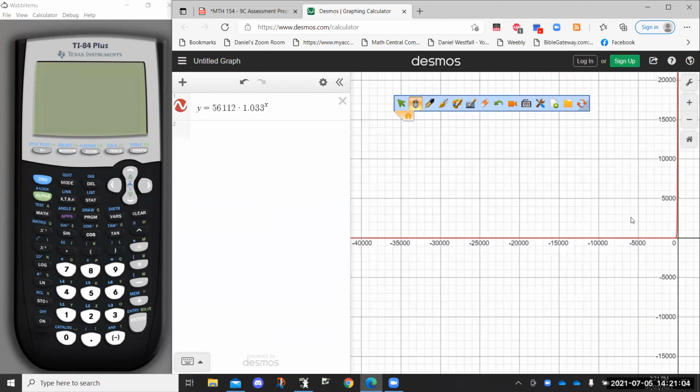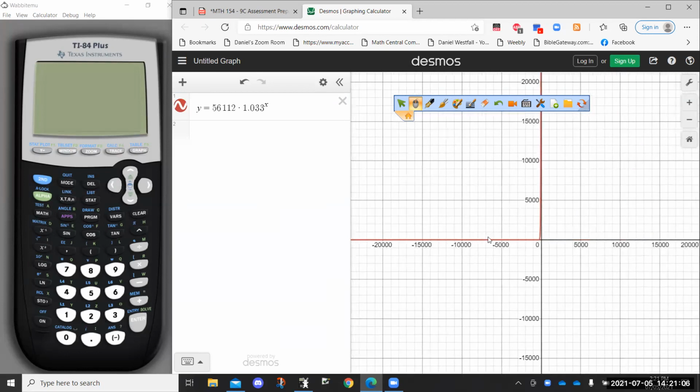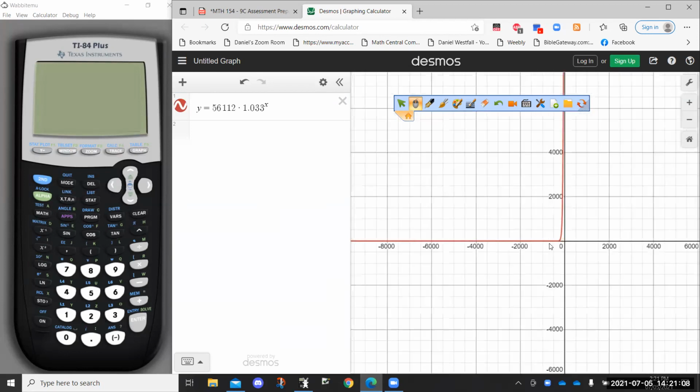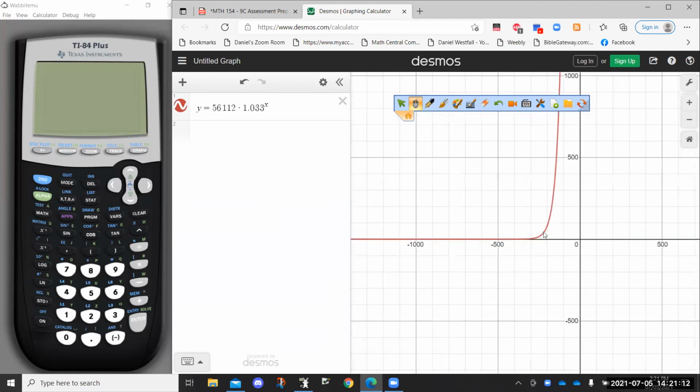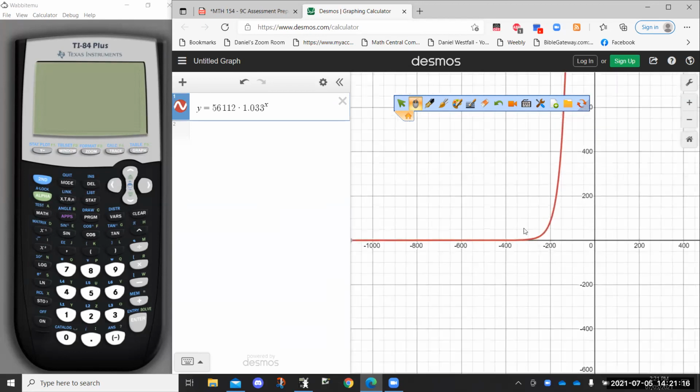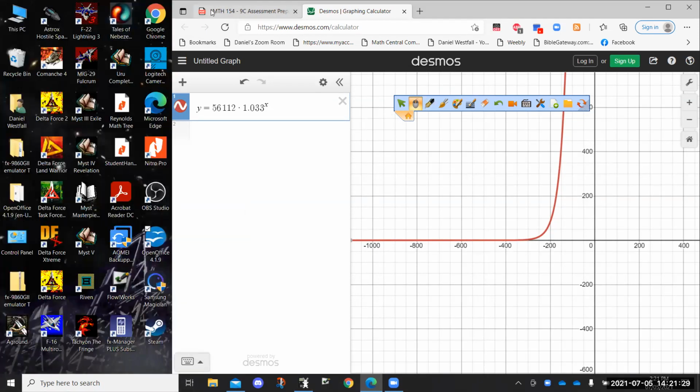And then focus in more on this point down here where it turns. You're not going to be able to find out where that turning point is, but this is probably a better image. Even though it represents population, you're not going to get negative time and things like that. This is probably the better part of the graph to zoom in on here. All right.